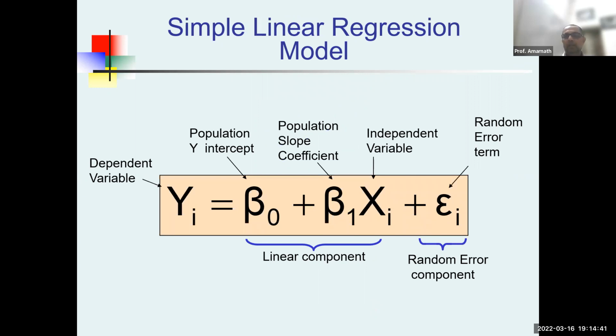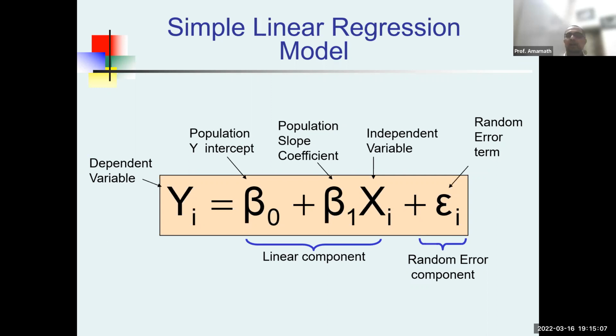Coming back to the Greek form of this model, I have a dependent variable y, which will be to the left. Beta, whatever we know as B, is known as beta in Greek terminology. So yi is beta naught plus beta 1 xi plus epsilon.